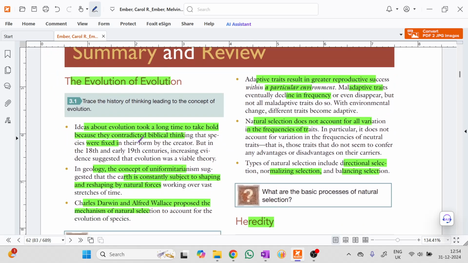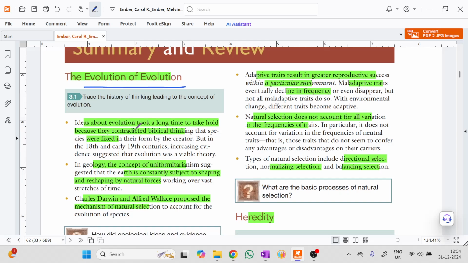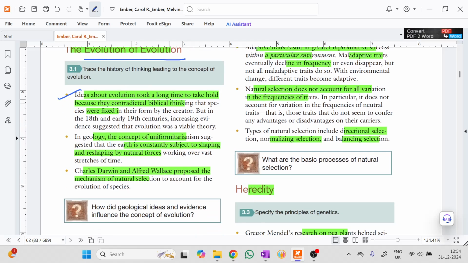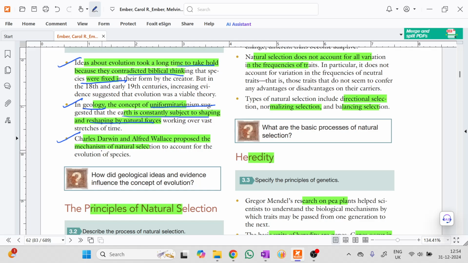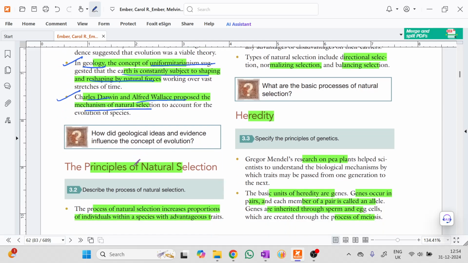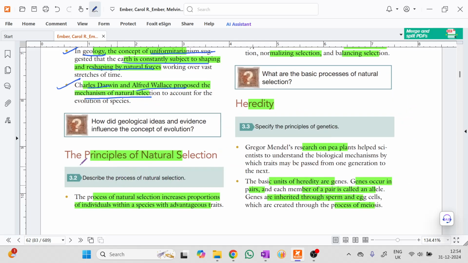And let's see the review. First, evolution. Ideas about evolution took a long time to take hold because they contradicted biblical thinking about divine creation. Then in geology, the concept of uniformitarianism suggested that Earth is constantly subject to shaping and reshaping by natural forces. Then Charles Darwin and Alfred Wallace proposed the mechanism of natural selection for the evolution of species.